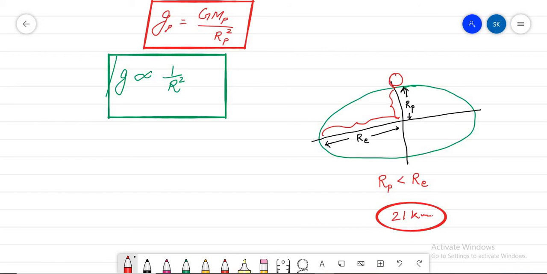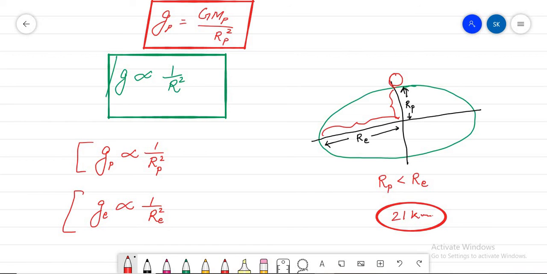So if we talk about the radius of the pole, you write gp inversely proportional to the square of the radius of the pole, and for the equator ge inversely proportional to the square of the radius of the equator. Which one is greater, gp or ge?